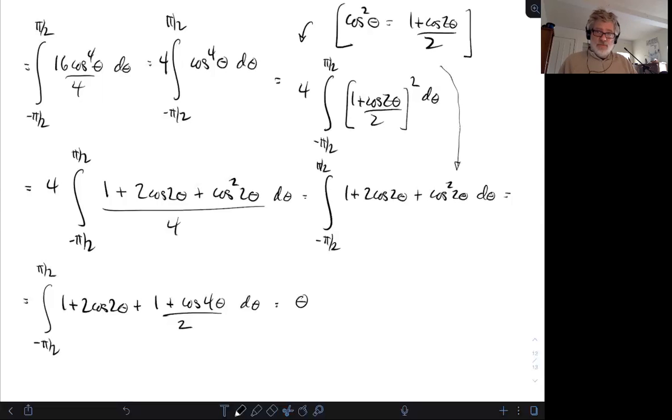It's just the same as the two previous examples. So theta plus sine 2 theta plus 1/2 of theta plus 1/4 sine 4 theta, all between minus pi over 2 and pi over 2.